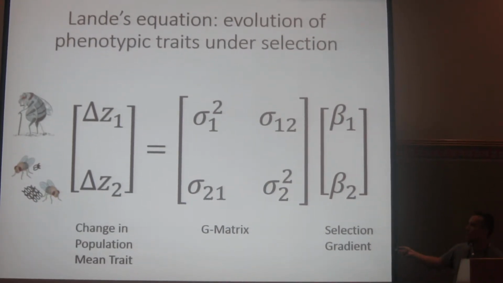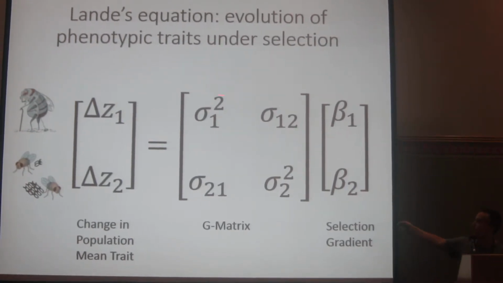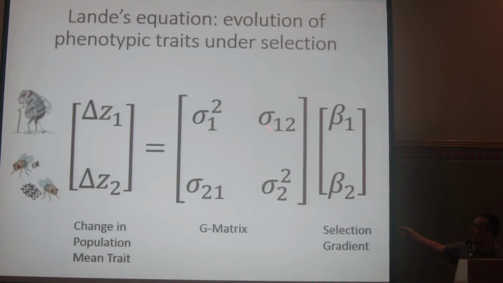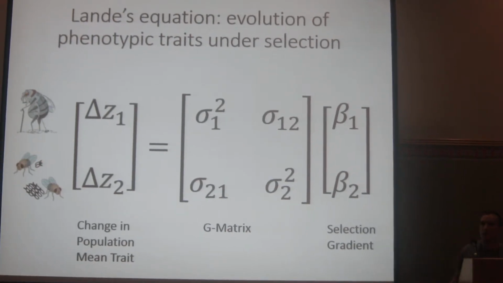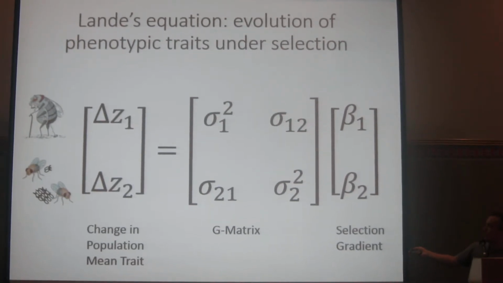And so if we want to investigate how traits evolve together, we need to be able to say something about how this matrix, which is known as the G matrix, changes over time. So that's our starting point.